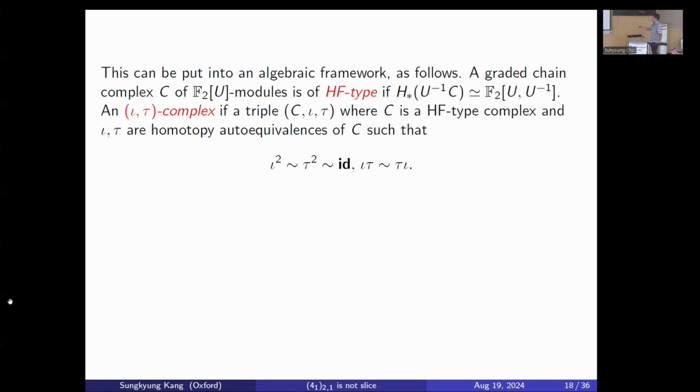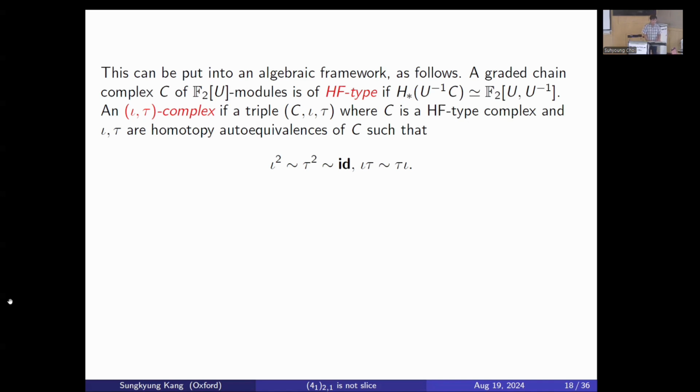And we say HF type just means that the localization formula holds. And we say that this thing together with homotopy autoequivalences of your chain complex is an iota comma tau complex if they are homotopy involutions and they homotopy commute with each other.